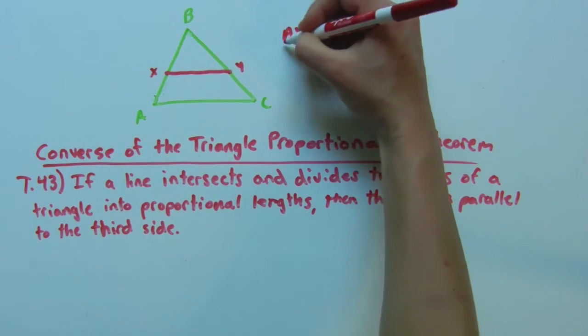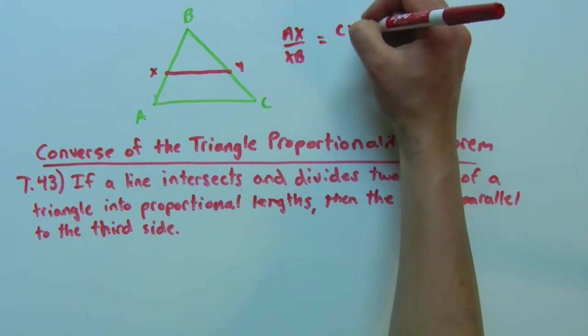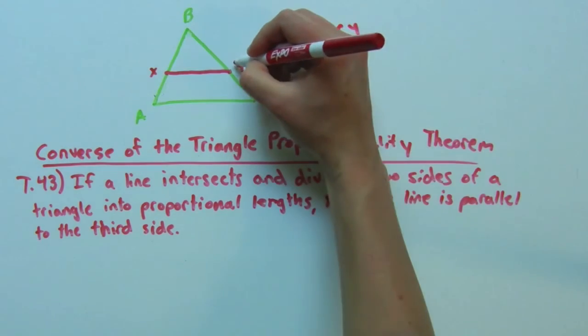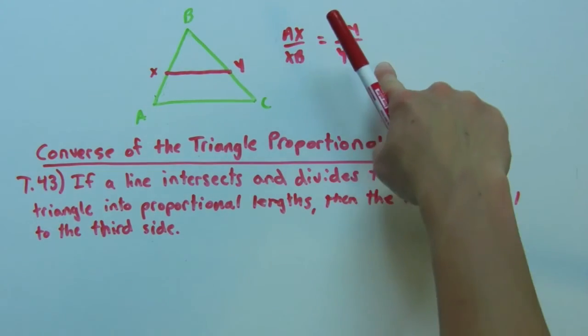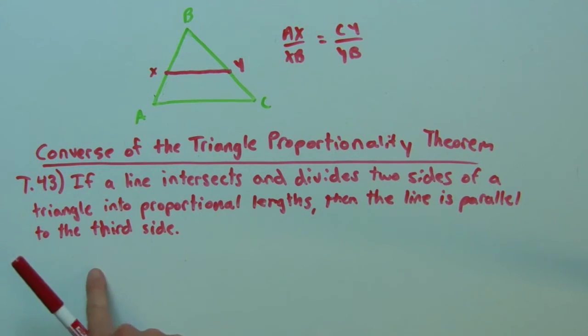So AX over XB is equal to CY over YB. That is what's given. That is the if statement. Then the line is parallel to the third side.